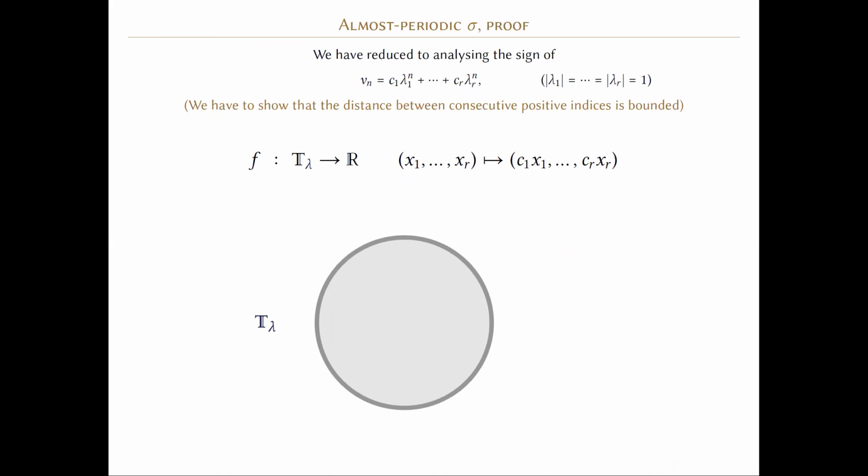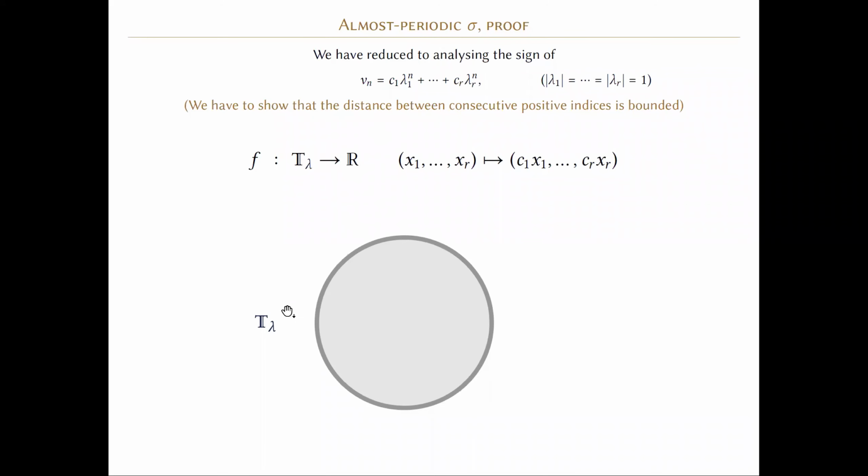So now we've looked at raising lambdas to powers. Now let's look at this linear combination part. Here let's denote this T lambda by this circle, and then let the whole field circle be T to the power of r.